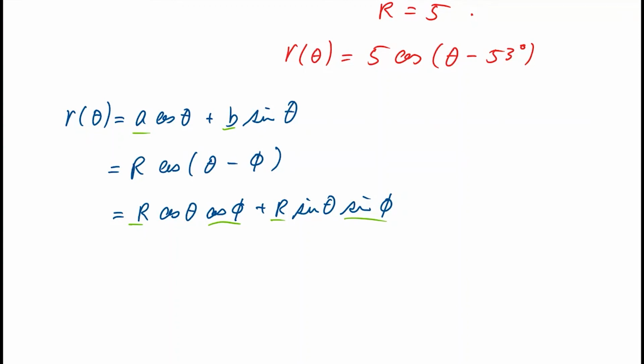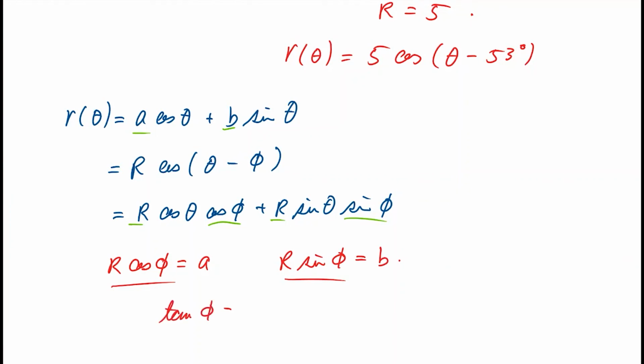So this gives us a system of equations: R cosine phi is equal to A, and R sine phi is equal to B. And then like before, take this over this. So you have tangent phi is equal to B over A. That's a nice relationship now, isn't it?